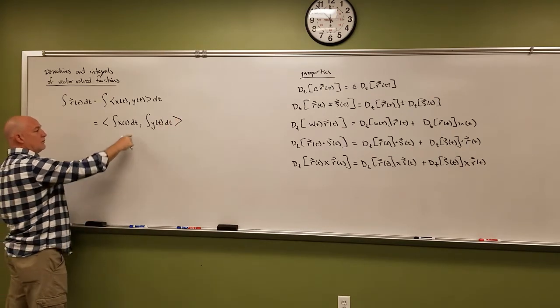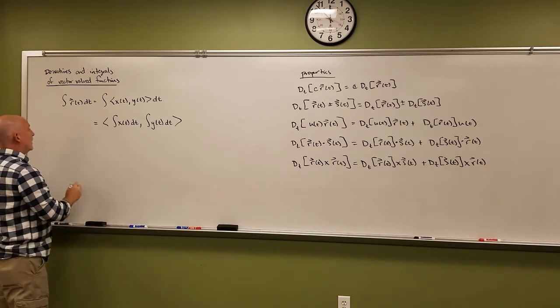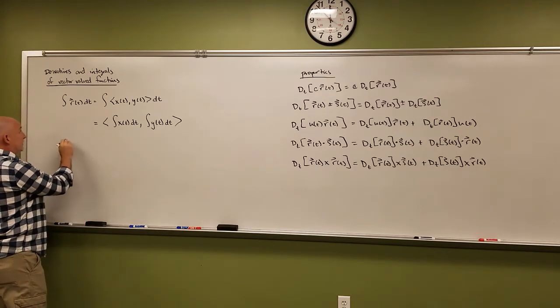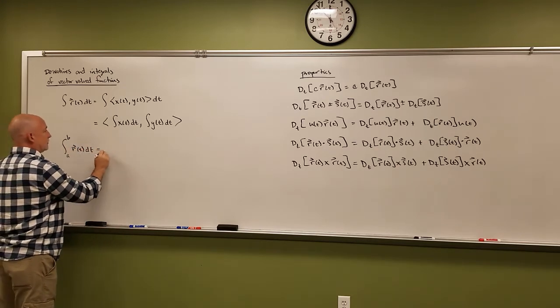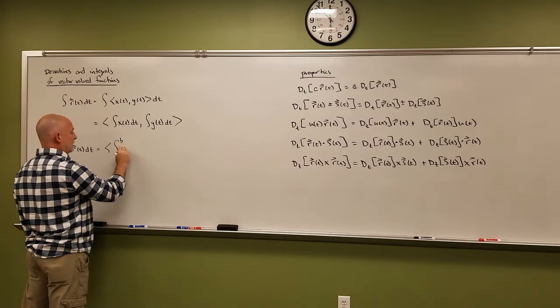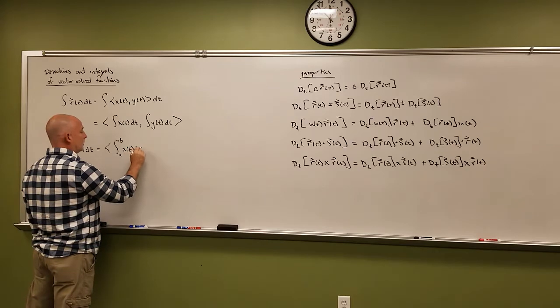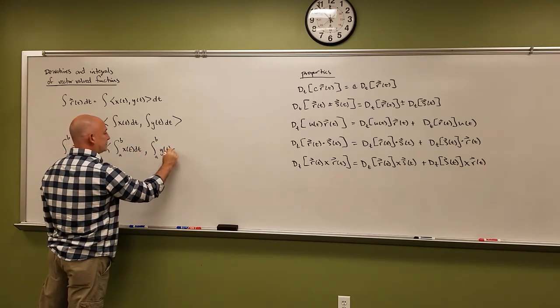If there's a z component, or however many there are, you just integrate each and every component. This is exactly the same if you have bounds. The bounds really don't change anything. It's just the integral from a to b of x of t dt, and the integral from a to b of y of t dt.